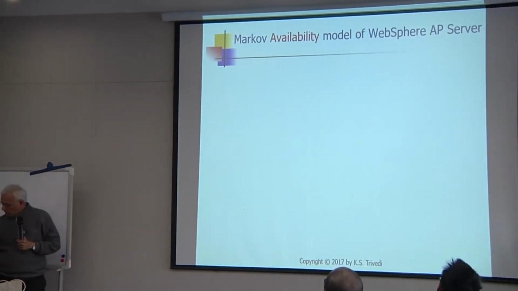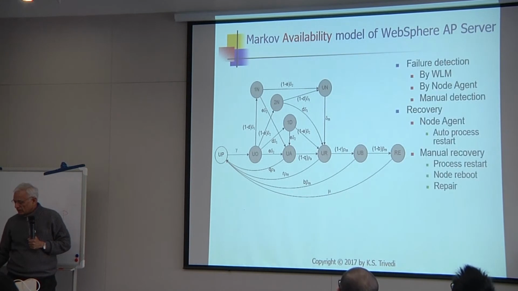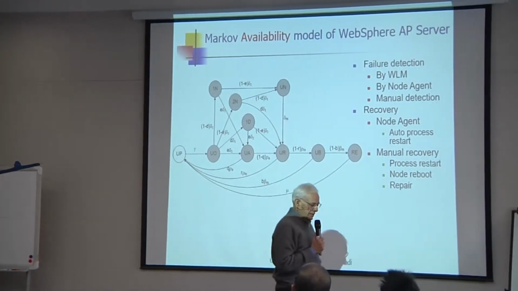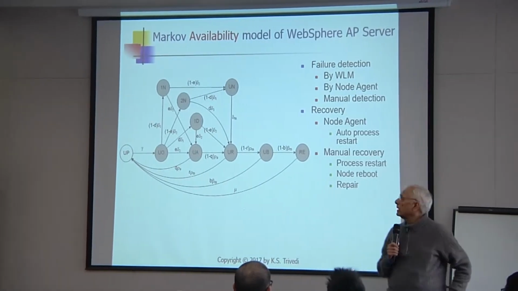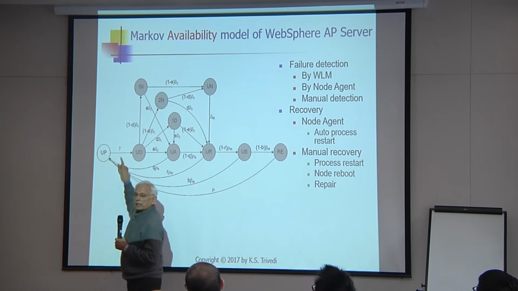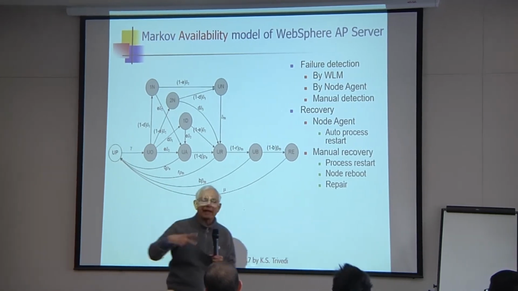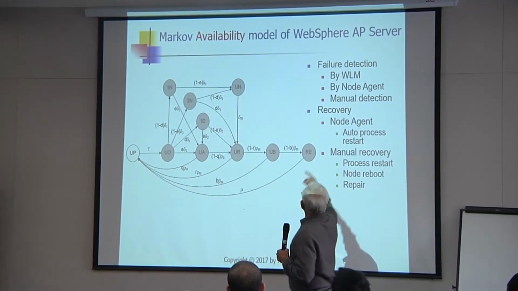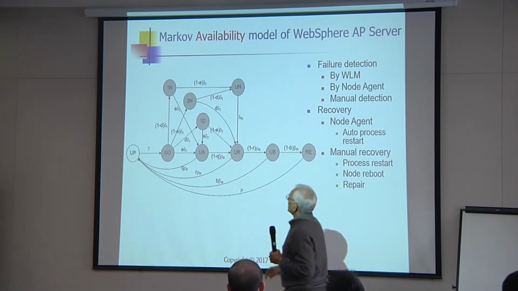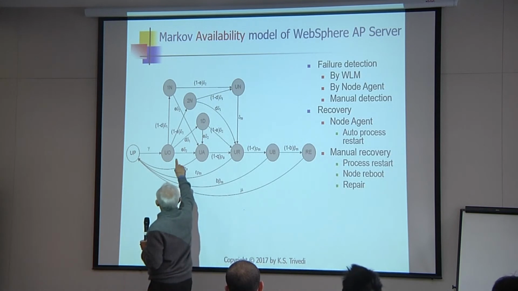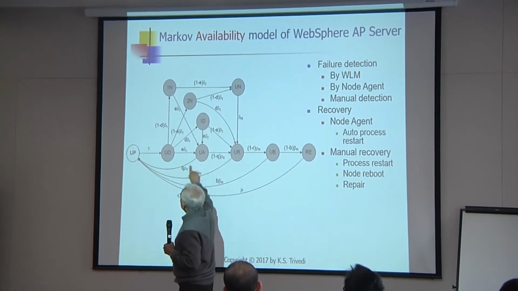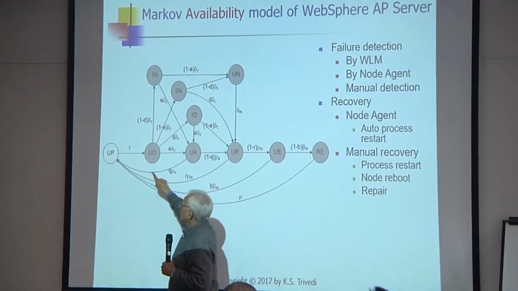If you look at more details, this is a model that I built for IBM for their WebSphere application server. After a failure of the application server, it turns out that there are two different detection mechanisms. One is called the workload manager, WLM, and another is called the node agent. If the node agent detects, then they will do an automated restart of the app server.